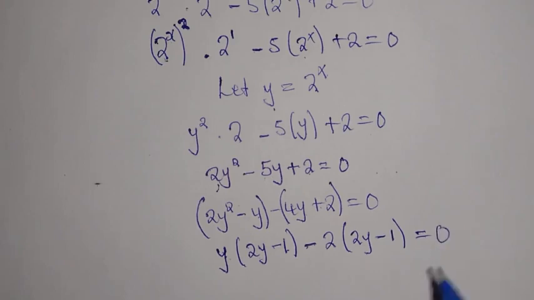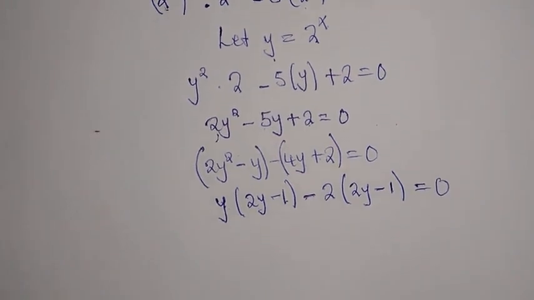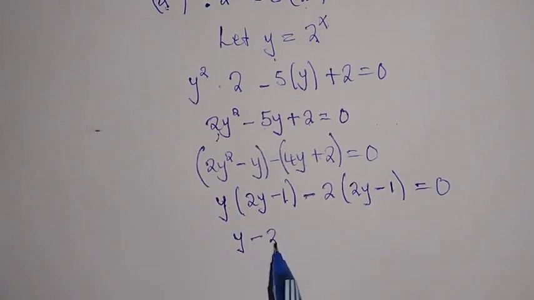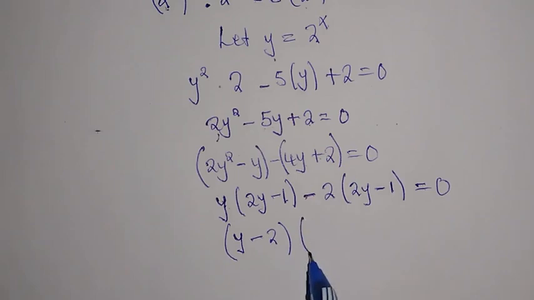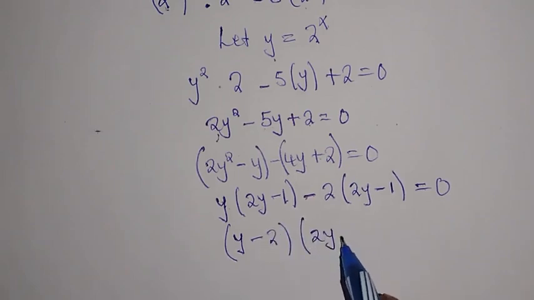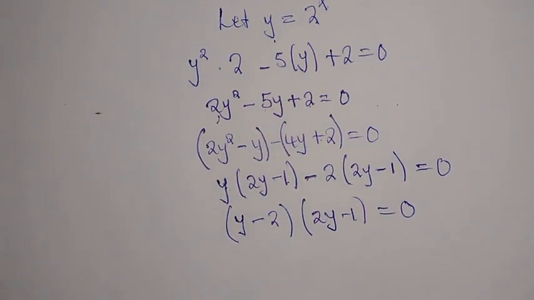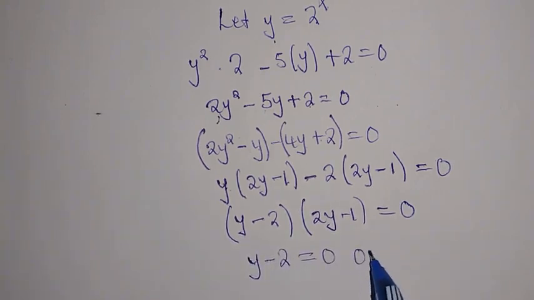Then equal to 0. Then from this stage, we are going to say y minus 2, then 2y minus 1 equal to 0. So from here, I want to find the value of y. So I'm going to say y minus 2 is equal to 0, or 2y minus 1 is equal to 0.